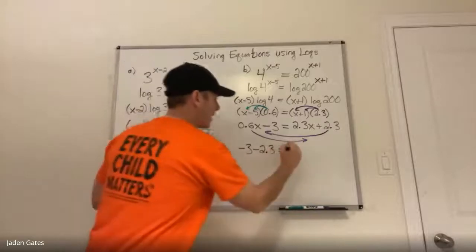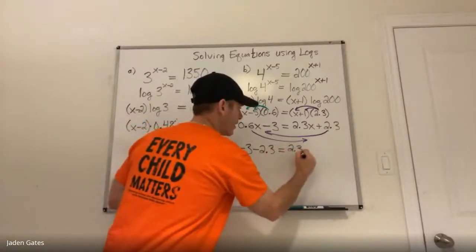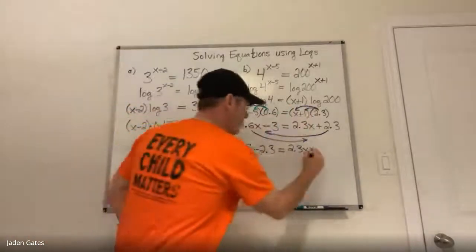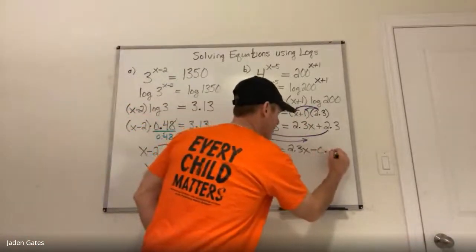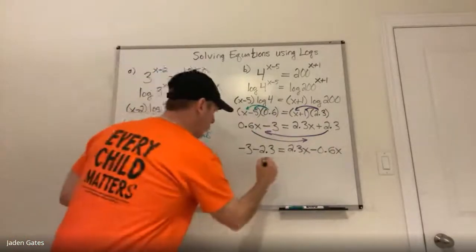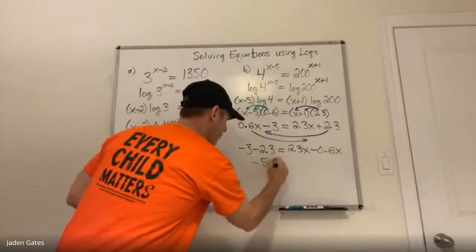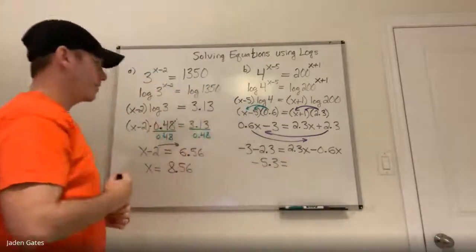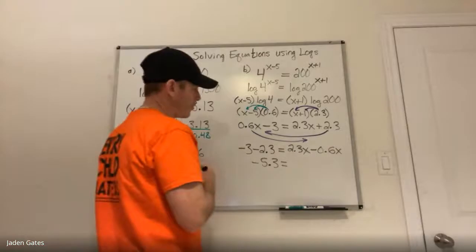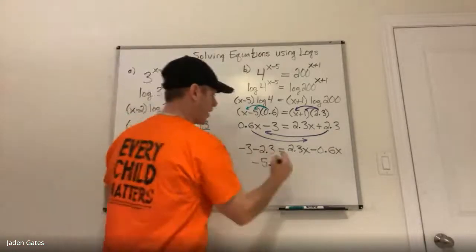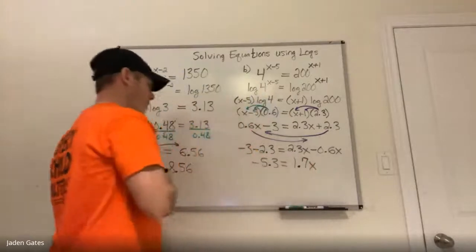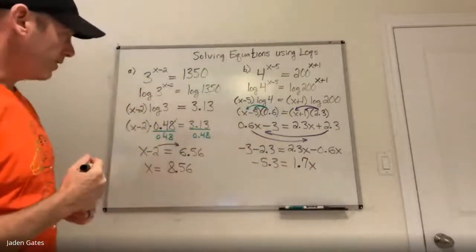Over on the other side, I have 2.3x. This 0.6x is coming over, so it's a minus 0.6x. Well, minus 3 and minus 2.3 makes minus 5.3. And 2.3x minus 0.6x, it's like $2.30 minus 60 cents, I'm going to have 1.7x then.